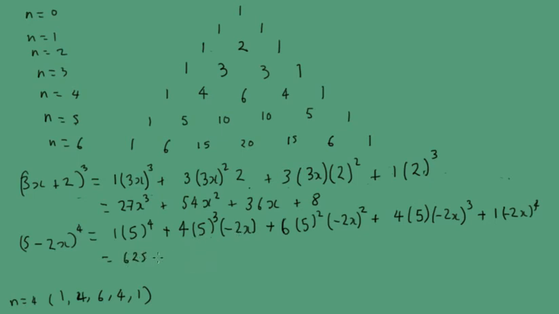Now this is going to be minus 1000x, then minus 2 squared is going to be plus 4 times 25 times 6 is going to be plus 600x squared. Then we have another minus because it's minus 2 cubed, and then times 5 times 4, and that's going to give us minus 160x cubed, and then the final term will be positive 16x to the power 4.